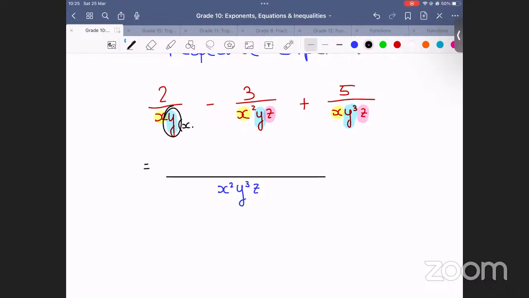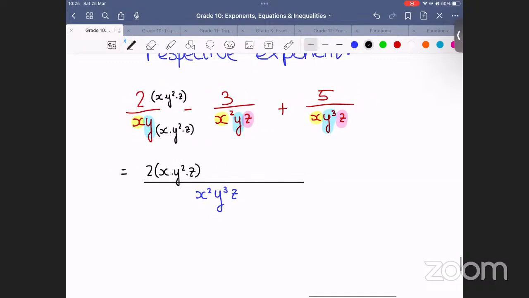You have 1y, but it's y cubed, so you need to multiply by y squared, and you have no z. You have to multiply by x times y squared times z. So what you do to the bottom, you do to the top. You multiply the numerator by what's missing as well. And here you're going to have 2x y squared z.